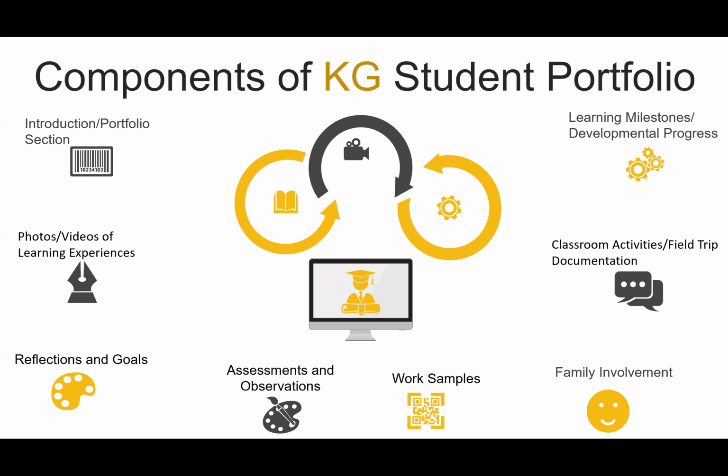The third developmental area is the physical development. What is the evidence of the child's growth in fine motor and gross motor skills? How are they able to write and draw? How are they able to run, jump, and balance? And the last one is the language development.